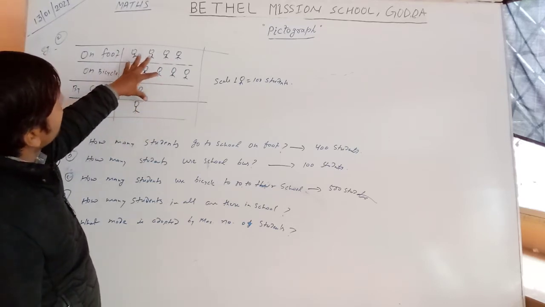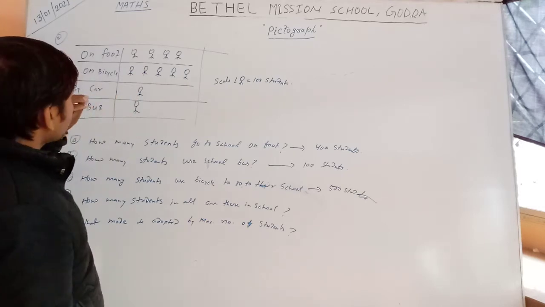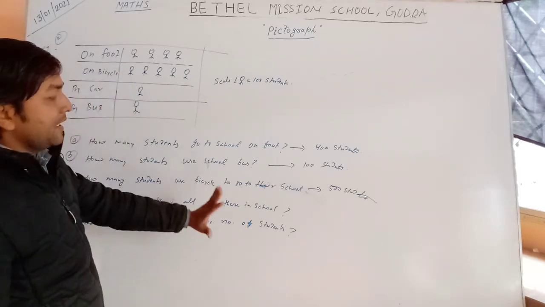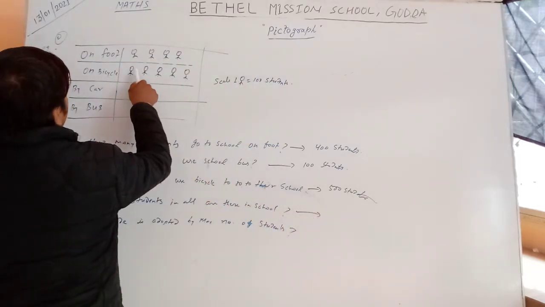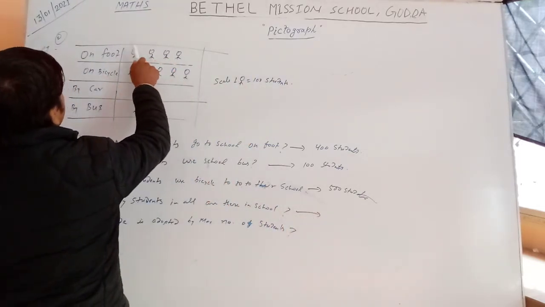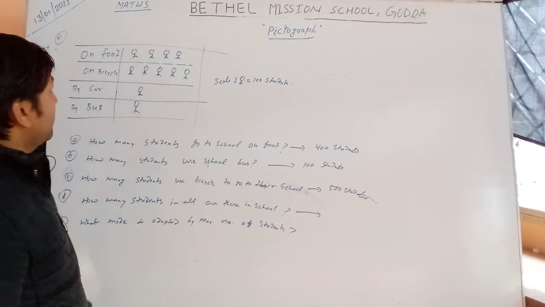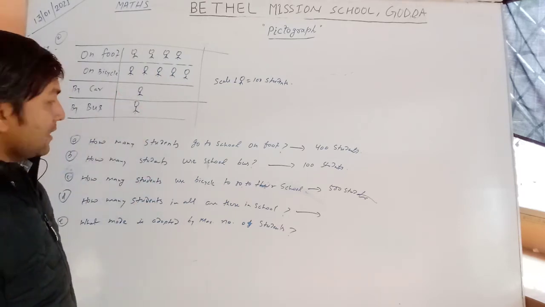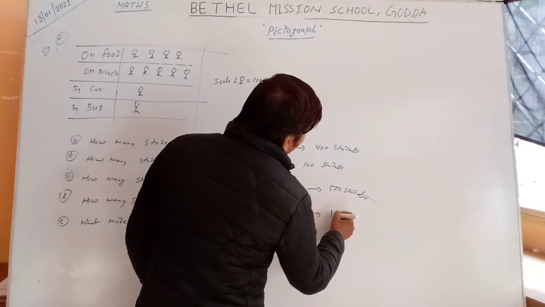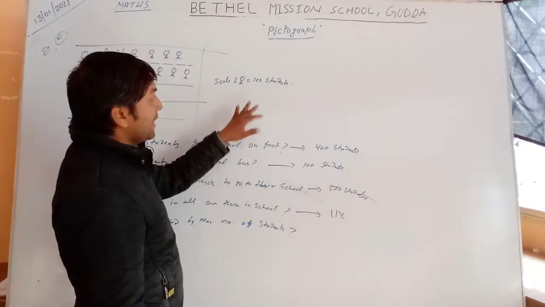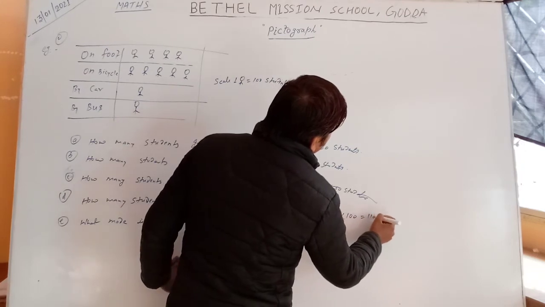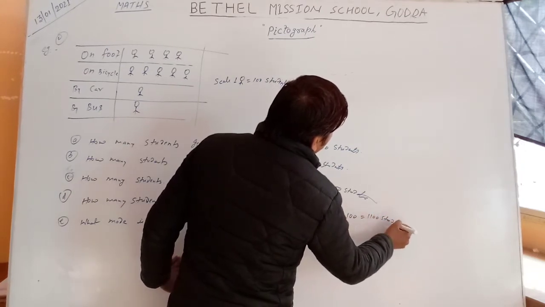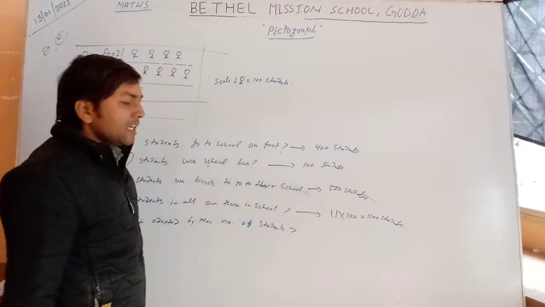If you add all those numbers of students, you will get the total. So how many pictures are given? 1, 2, 3, 4, 5, 6, 7, 8, 9, 10, 11. So 11 total pictures have been given, and one picture represents 100 students. So 11 times 100, 1100 students are in total in the school.